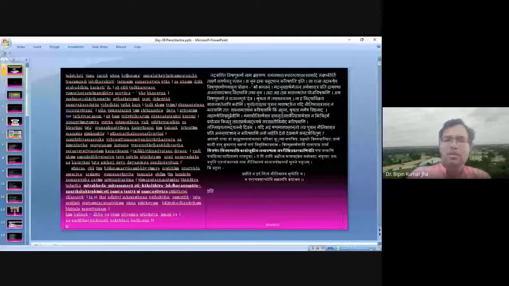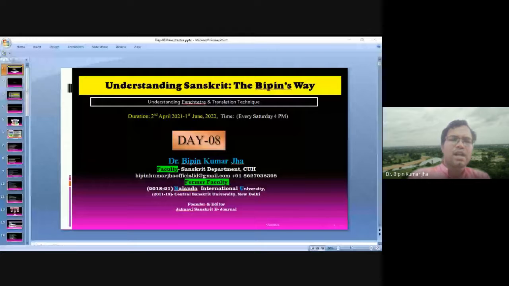And for Hindi students, you can find the translation easily. I will send you the link, or you can find Panchatantra with English translation in our archive.